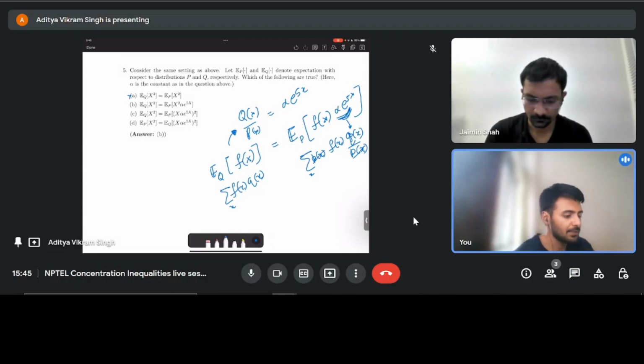So for any function this holds true, and so B is true. C is one of those confusing things where you take the Radon Nikodym derivative inside the function itself, which is not the way it works. So C is not correct, and D is also incorrect.